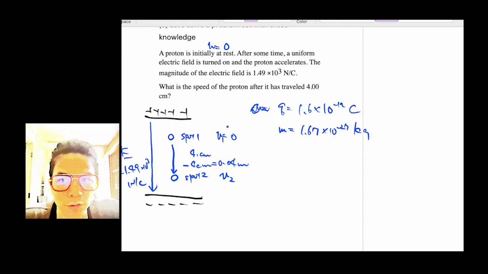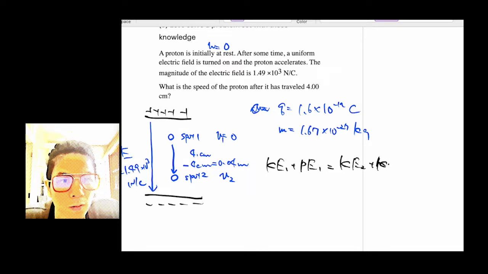So this is what you have, and basically what you have to start with is this: KE1 plus PE1 equals KE2 plus PE2, this equation.